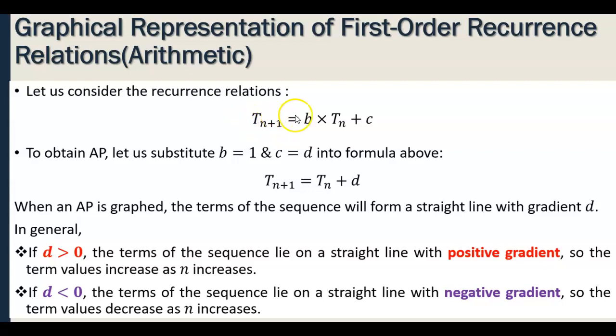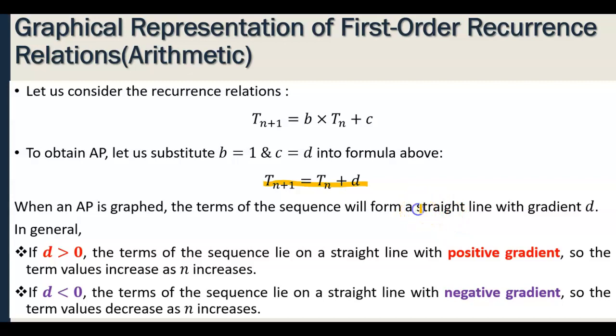Now let's look at the first order recurrence relation. When your b value is 1 and your c value is d, you end up with this form, which is your arithmetic progression. What is the feature of it?